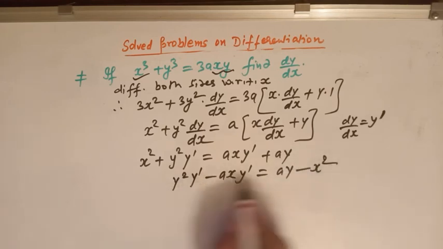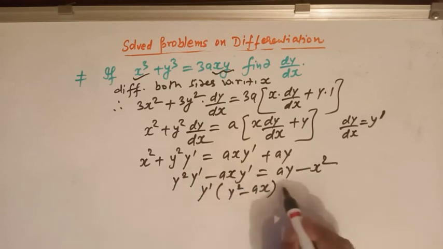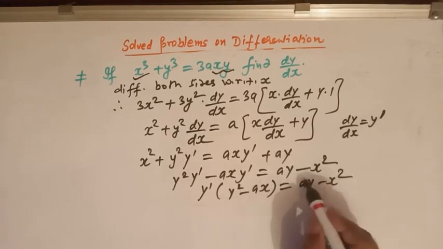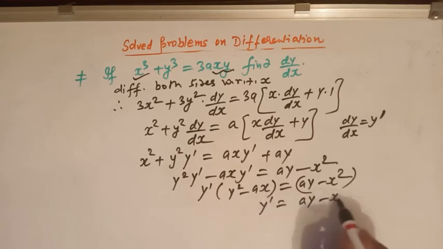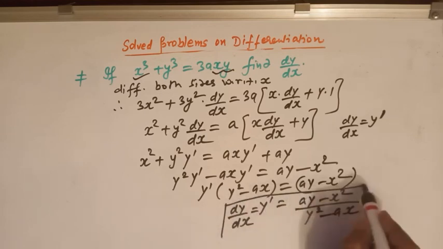Clear? So we take y prime common, so we have y square minus ax is equal to ay minus x square. Clear? So y prime is ay minus x square divided by y square minus ax. Clear? So this is the value of dy over dx.